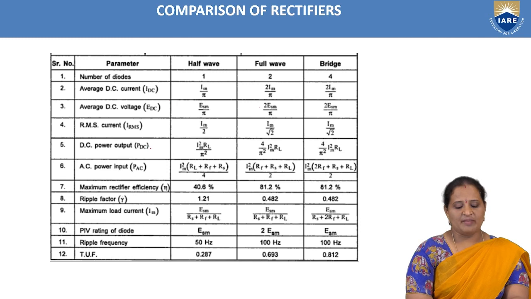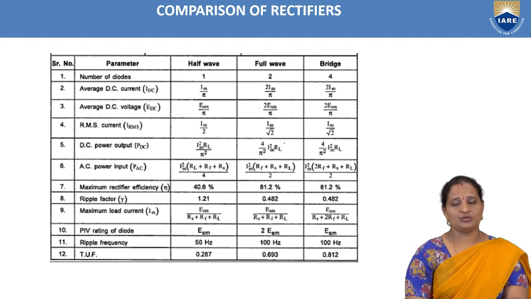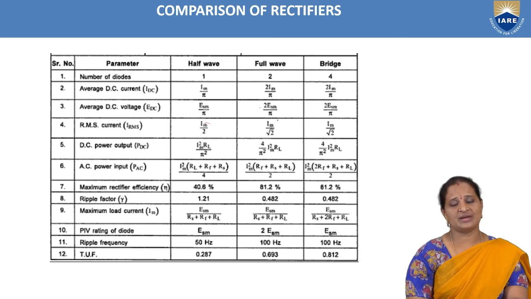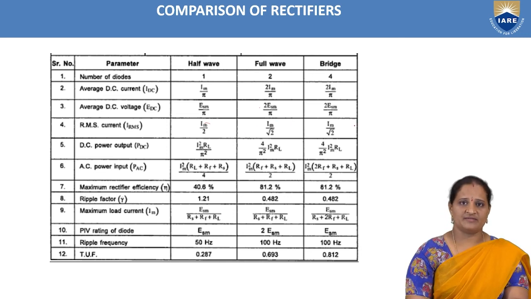And DC output voltage is Vm by pi, 2 Vm by pi and 2 Vm by pi. And RMS current is Im by 2 in half wave rectifier, whereas Im by root 2 in both center tap full wave rectifier and bridge rectifier.